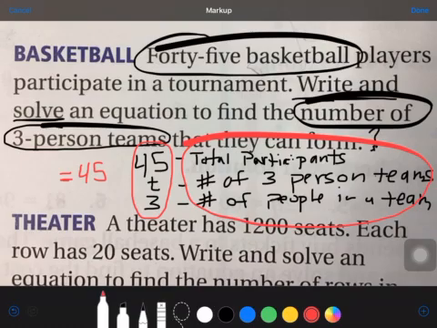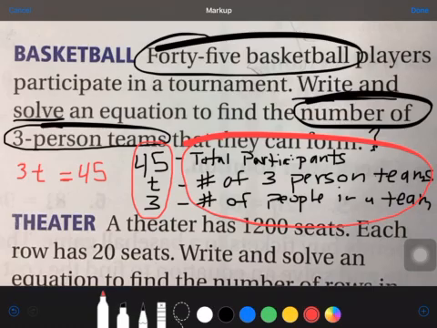Then I'm looking at the number of 3-person teams, and I want to know how many of those there are. I want to know how many of T there are. And I know that there's 3 people on each team.